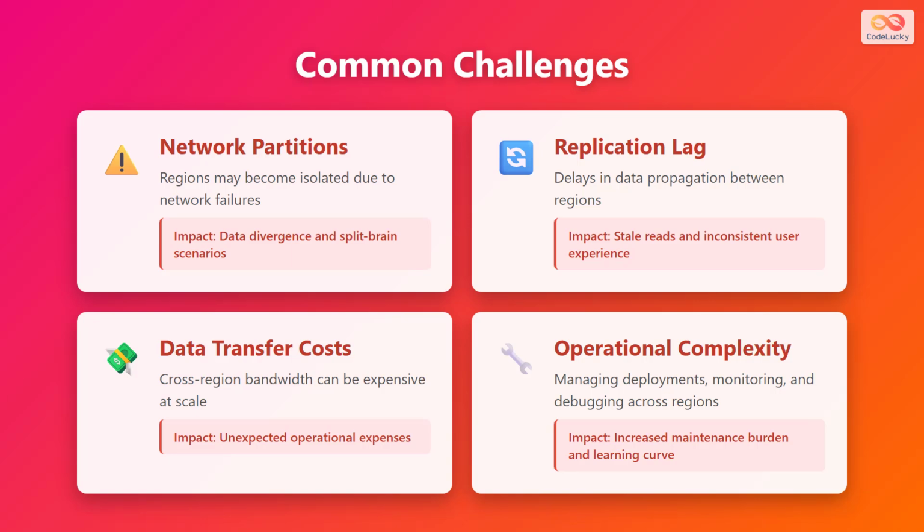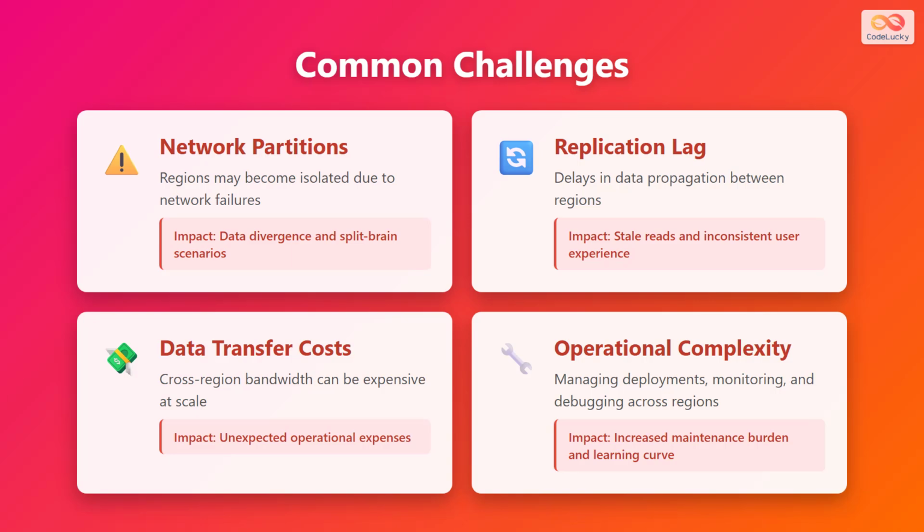Multi-region architecture introduces several challenges that must be addressed. Network partitions occur when regions become isolated due to network failures, leading to data divergence and potential split-brain scenarios where different regions have conflicting versions of data. Replication lag causes delays in data propagation between regions, resulting in stale reads and inconsistent user experiences.